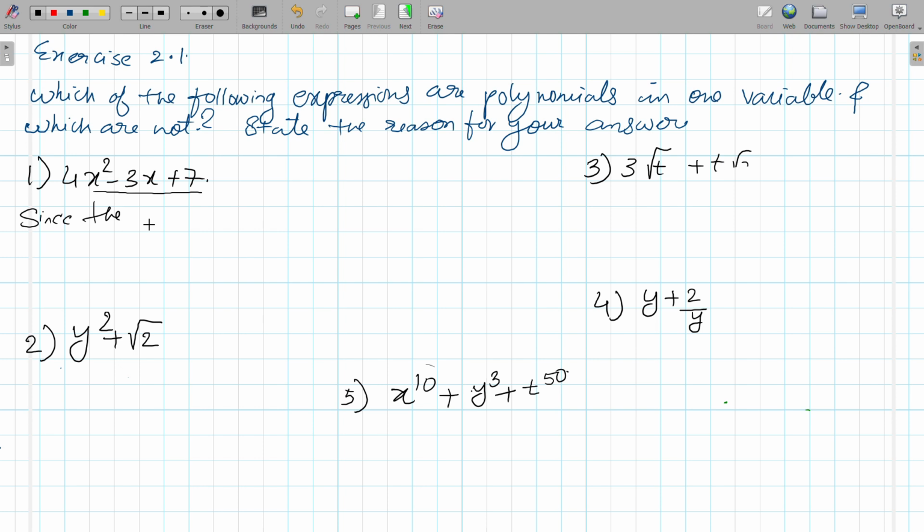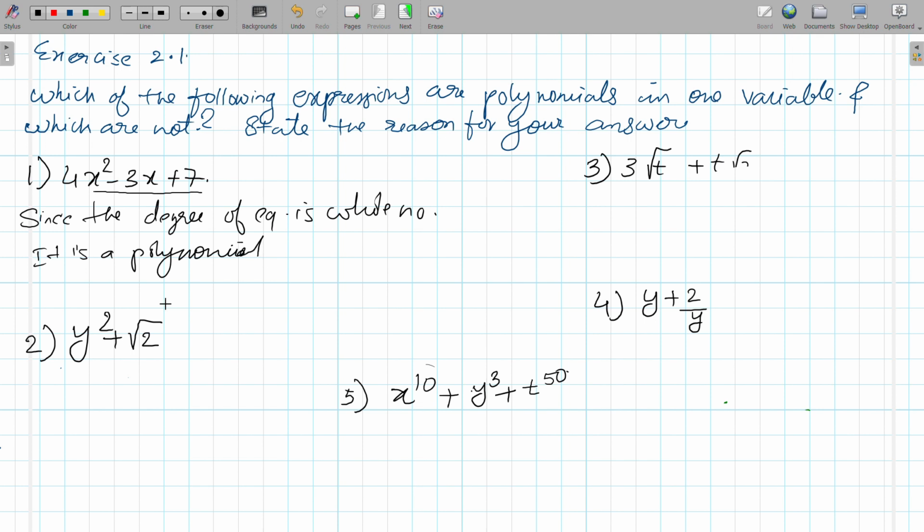So that is why we can say the given expression is a polynomial, right? Since the degree of the equation is a whole number, it is a polynomial.